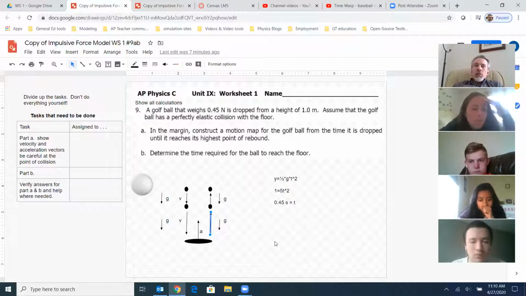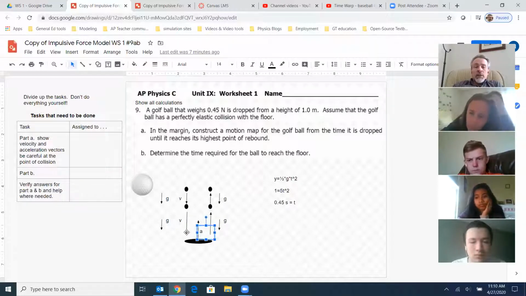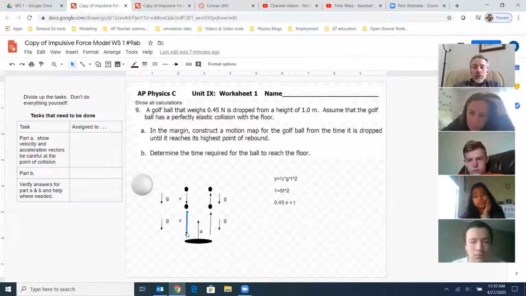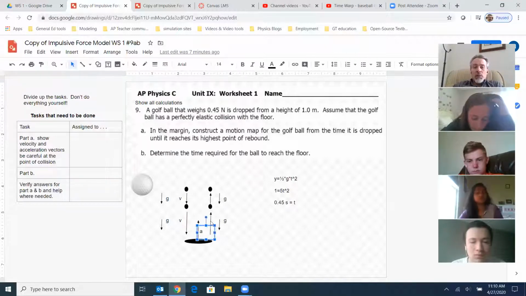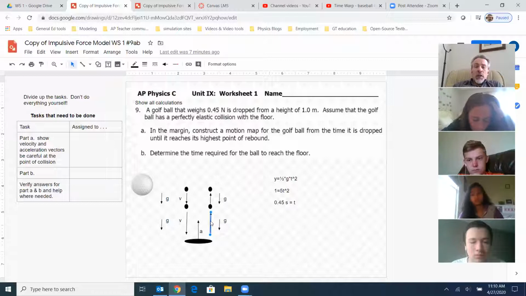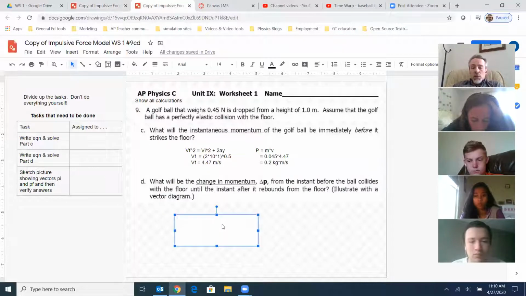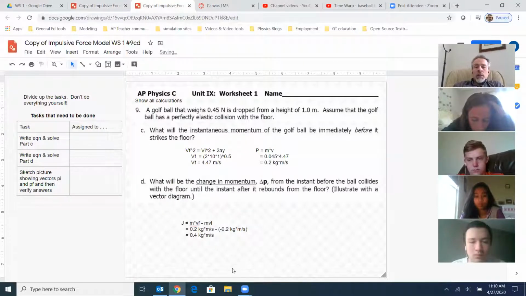A lot of times students say, oh, they're both 0.2, so 0.2 minus 0.2 is 0. That's not right. They're in different directions. So I said that my initial was negative and my final is positive. So final minus a negative initial ends up making it even bigger. So I get 0.2 minus a negative 0.2, which is 0.4 kilograms times meters per second.